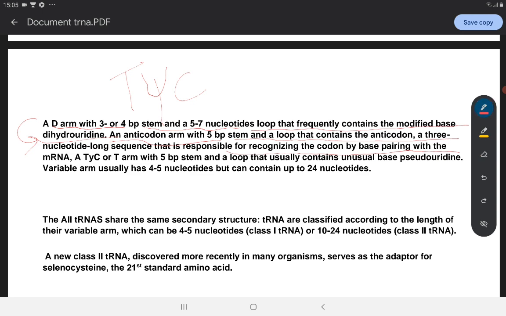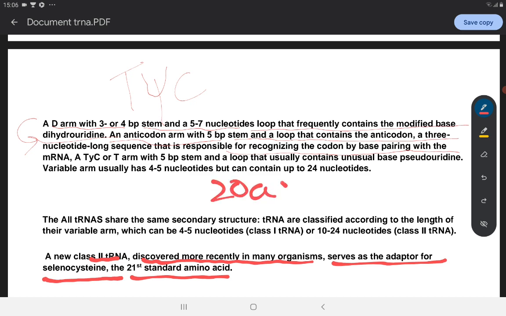loop. Now the next is a new class of class 2 tRNA discovered more recently in many organisms. It serves as adapter for selenocysteine, the 21st standard amino acid. So until now, many of us knew only 20 standard amino acids, but now there are 22 standard amino acids.